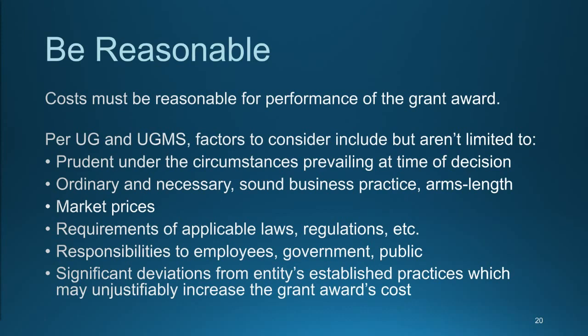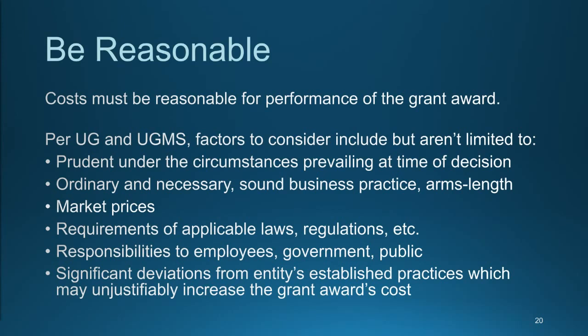And then I mentioned this one a little earlier, deviations from established practices. If your policies and procedures ordinarily treat a cost one way, there would be some scrutiny involved if you suddenly treated AEL differently, or even treated a cost differently under a particular grant award or funding stream.